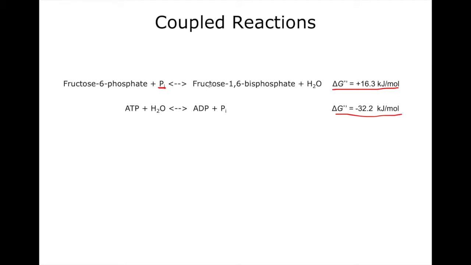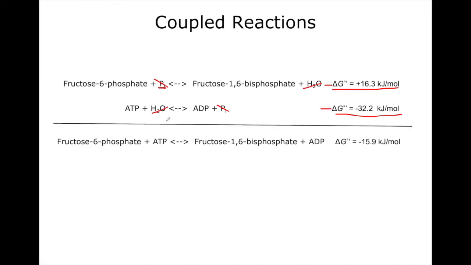If we add these two reactions together, we would cross out anything that's opposite each other in the two reactions. Water would cancel out here. Adding these two reactions together, we would get an overall reaction, and the overall reaction's delta G value would be the sum of the individual steps, as we said.